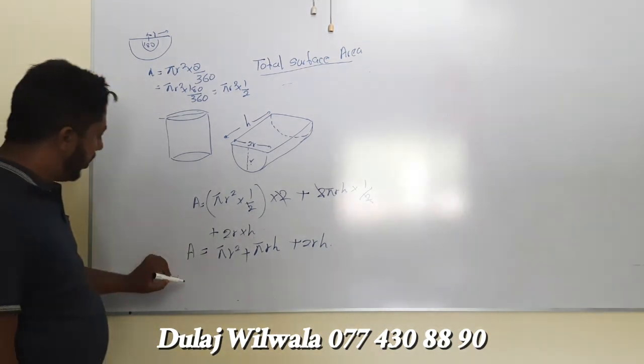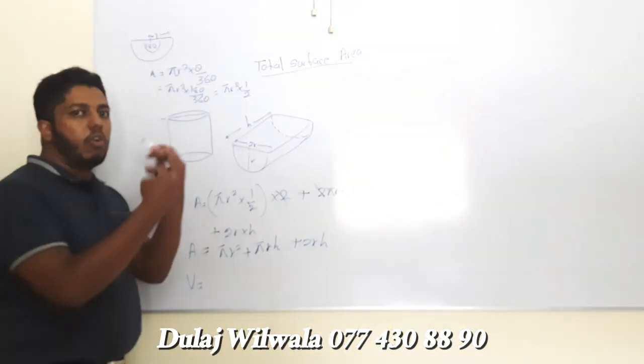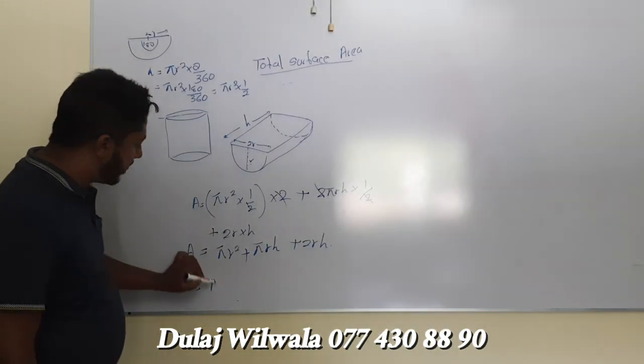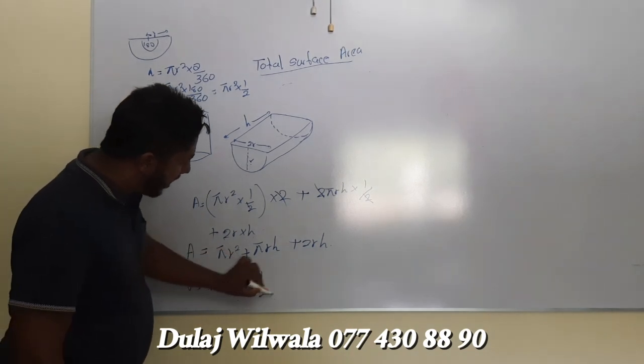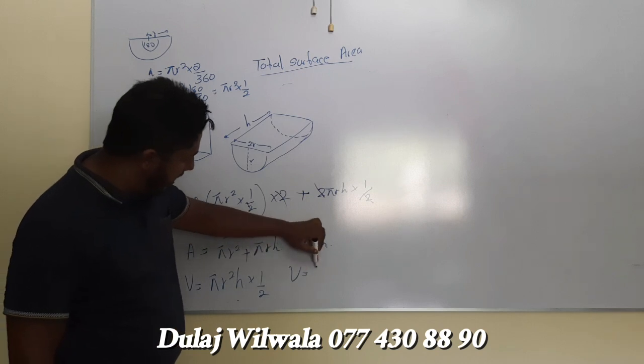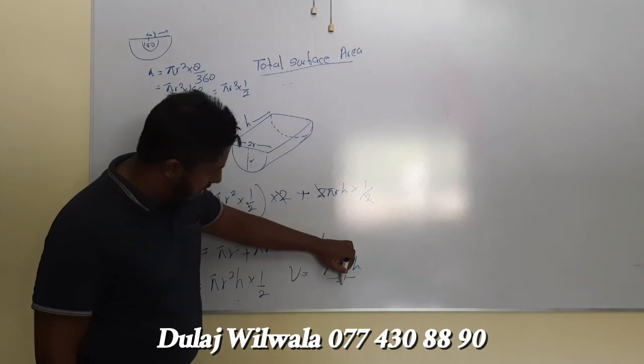If you consider the volume, it will be half the volume of the cylinder. So volume of the cylinder is pi r squared h and half of that. So volume will be pi r squared h by 2.